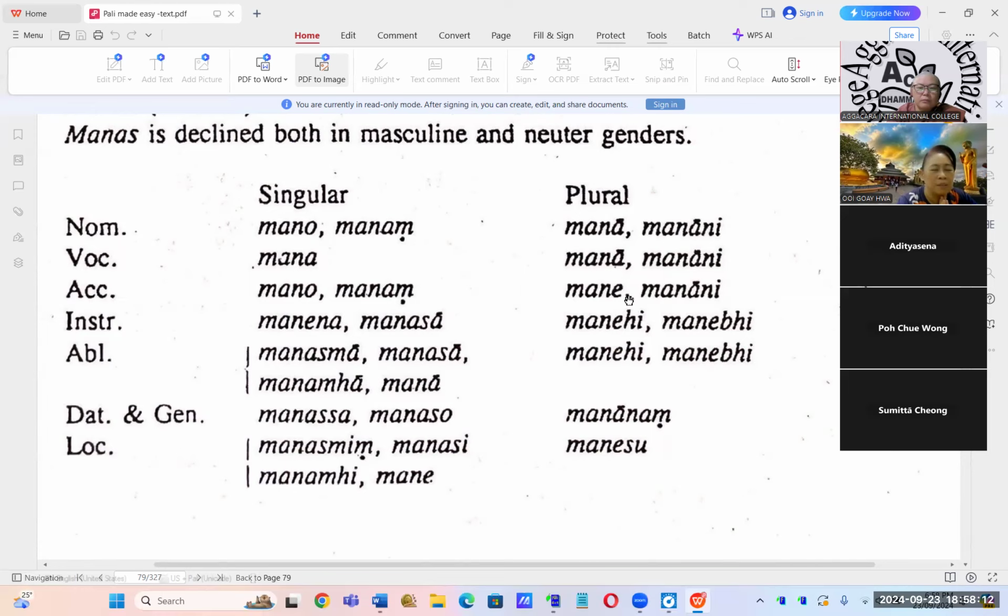Singular. Plural: tape, tapani. Instrumental singular: tapasa is a special form, tapena. Plural: tapehi, tapebhi. Ablative: tapasa, special form.